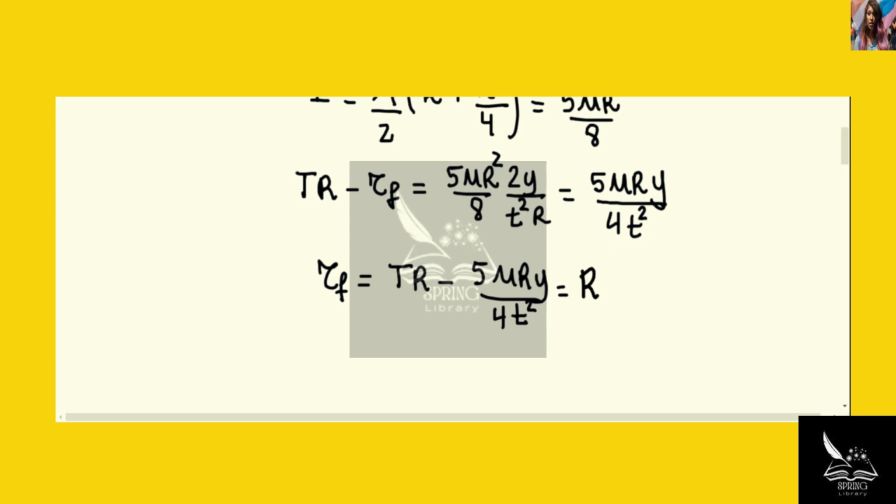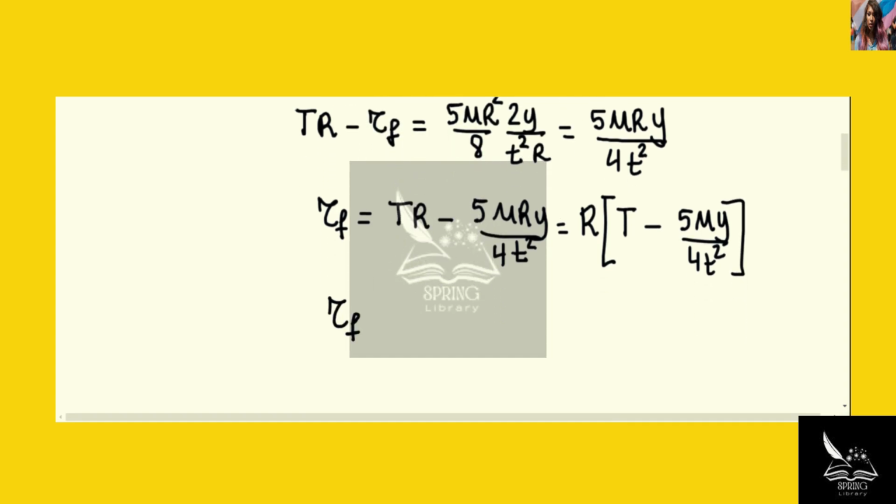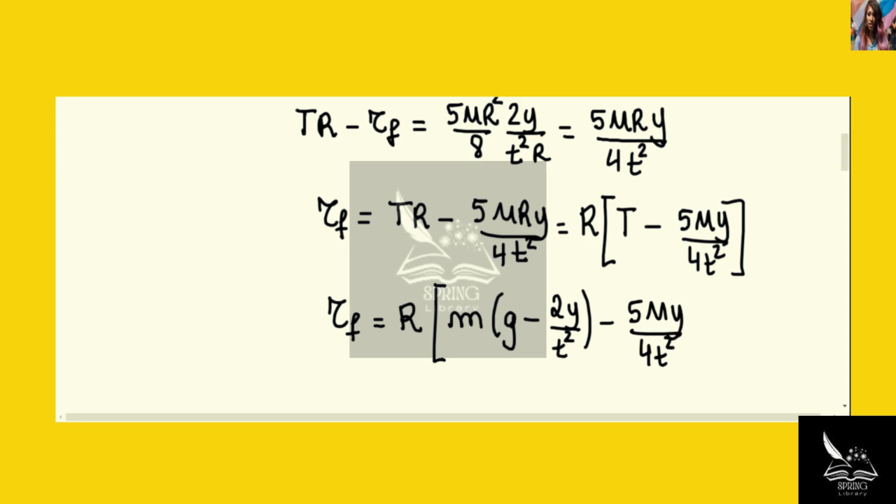So if we just isolate r here, we have r times T minus 5m y over 4 t squared, and T is equal to m times g minus 2y over t squared, minus 5my over 4t squared.